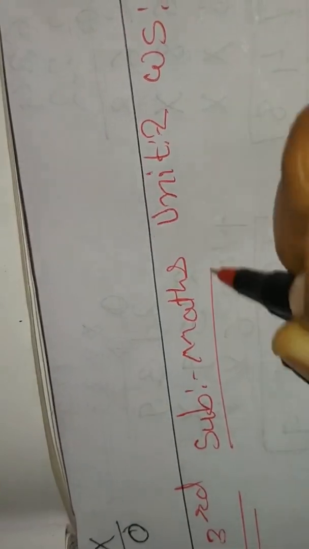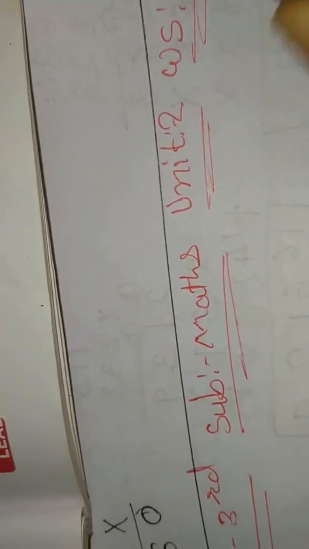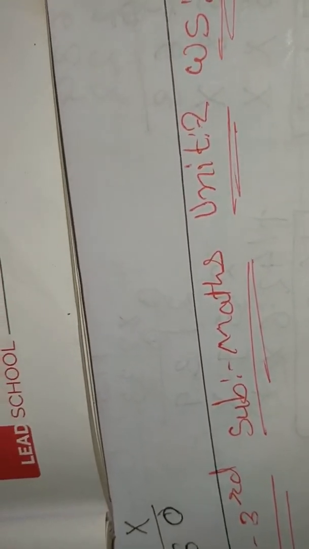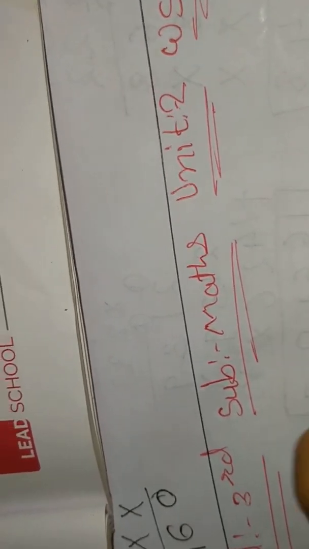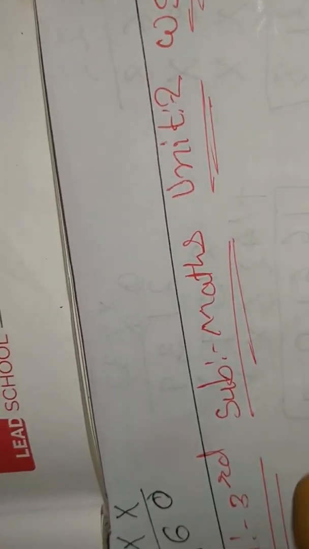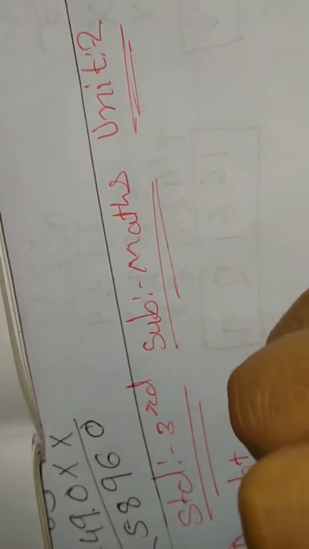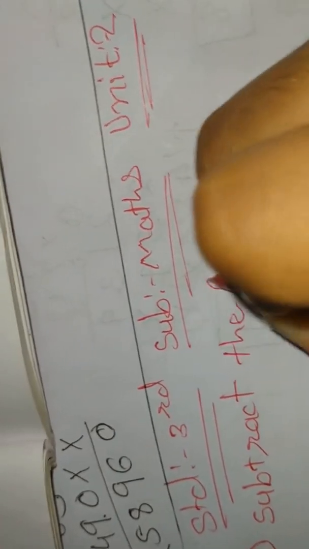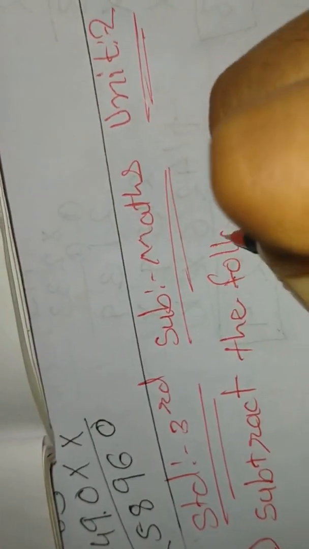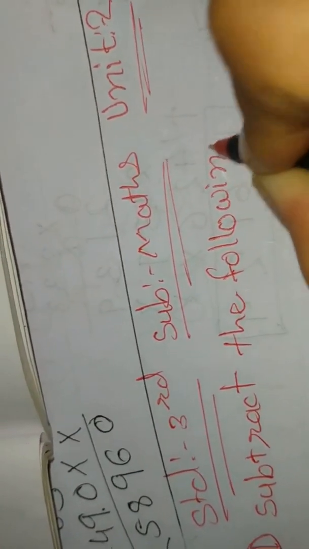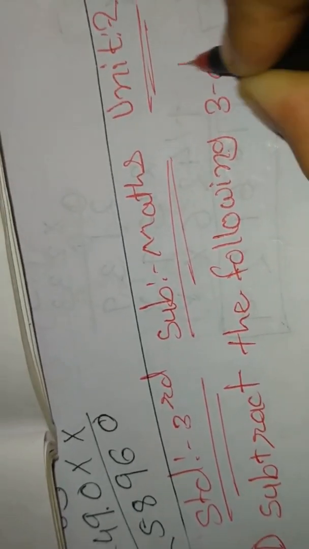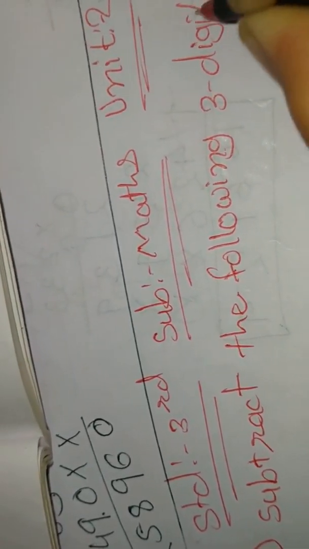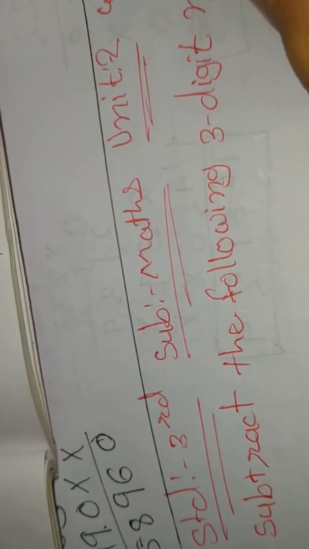In that worksheet the heading is: Subtract the following 3-digit numbers.